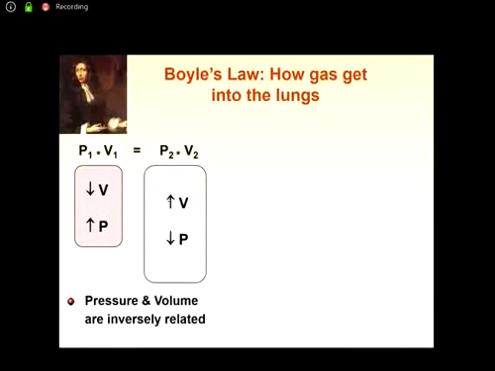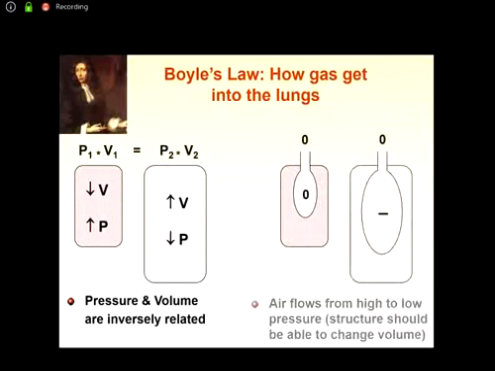Needs to increase, as you can see in this graphic. So if you translate that into the lungs, we know that air flows from high to low pressure as long as the structure is able to change volume. So this will be an example here on the left of a lung at the end of inspiration, in which the pressure in the atmosphere is equal to the pressure inside the alveoli.